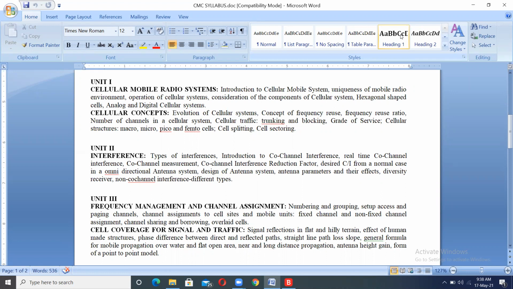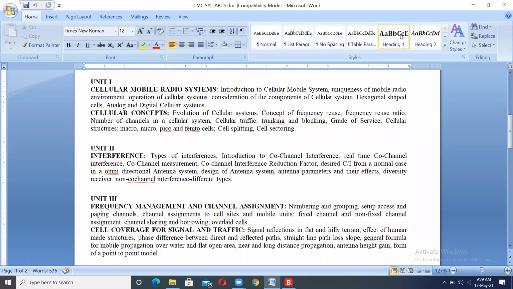Basically, this may be caused by different channels within the cell, and also outside the cell. And the different interferences, and also the receivers and transmitters, are discussed in the second unit, interference.